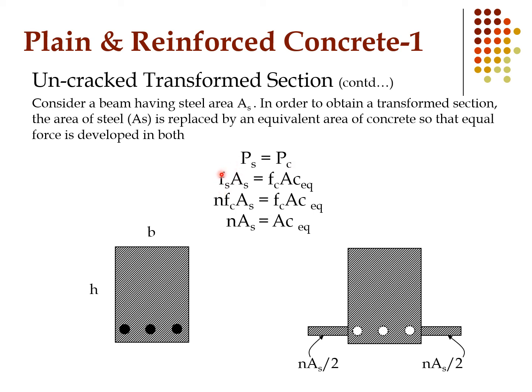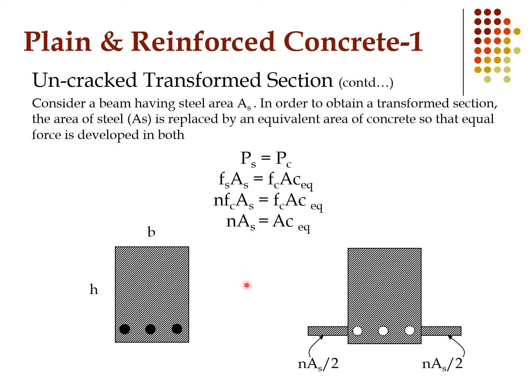P is equal to stress times area, so Fs times As equals Fc times Ac equivalent. This Ac equivalent is the equivalent area of concrete. We know that Fs is equal to n times Fc, so n Fc As equals Fc Ac equivalent. This Fc will cancel out with this Fc. Now the area of concrete equivalent is equal to n times As.